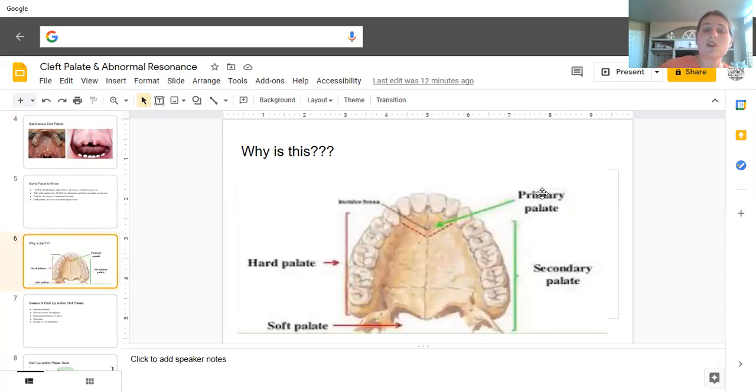So this could be why males are more prone to developing that cleft lip. However, with females, that primary palate will close first, leaving that secondary palate right here open longer. So this could be a reason why females are more prone to developing a cleft palate.